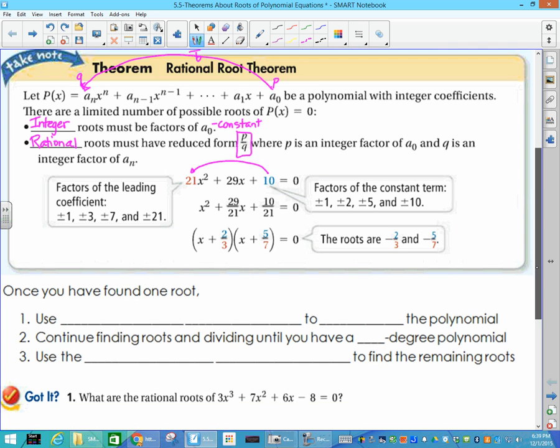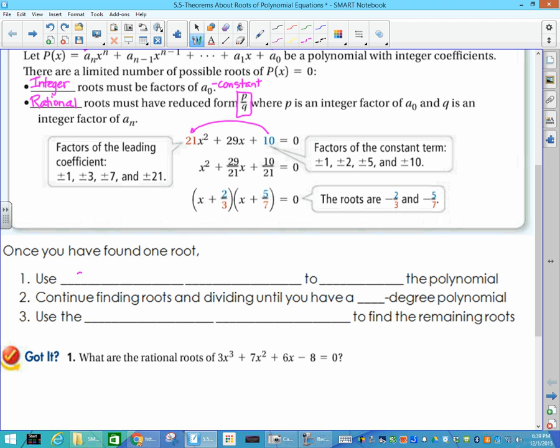Now, once you have found that root, you're going to use what we just talked about in the last lesson, synthetic division, to factor the polynomial. And we're going to continue that until we have a second degree polynomial, also known as a quadratic.